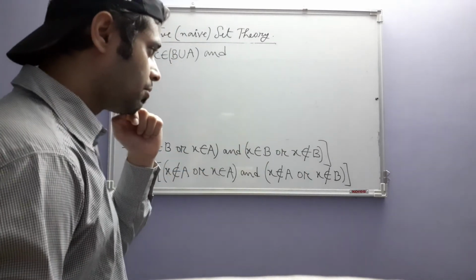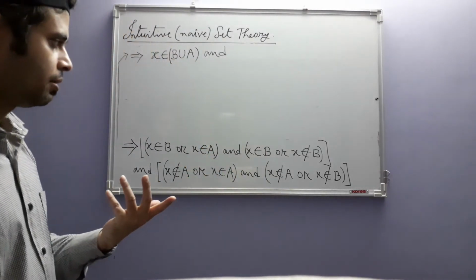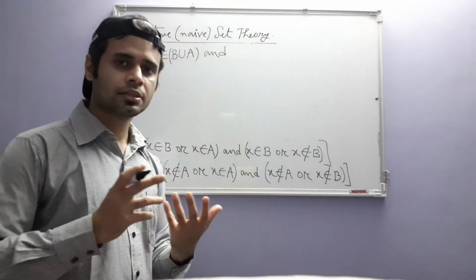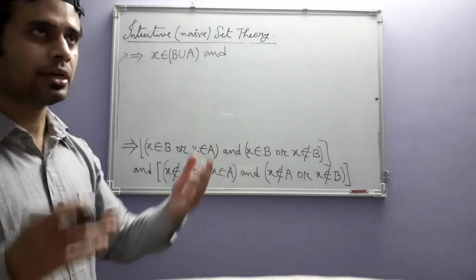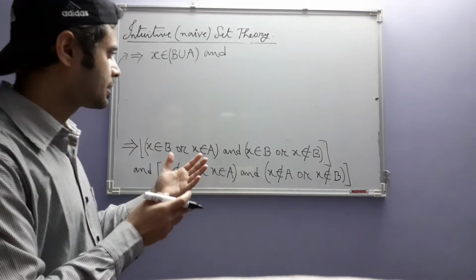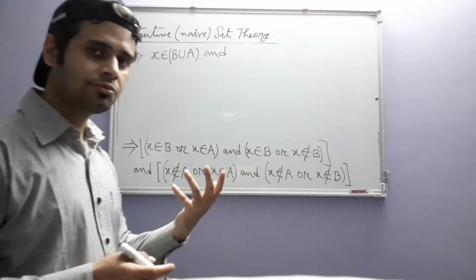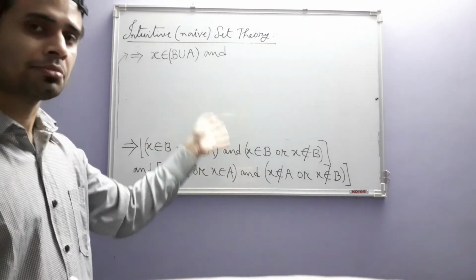Okay, now this means actually what? You see, in any discussion of set theory, I have already told many times that there is a universal set. It is assumed that there is a universal set of which every element is an element and every set is a subset.